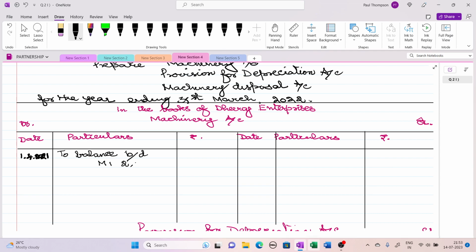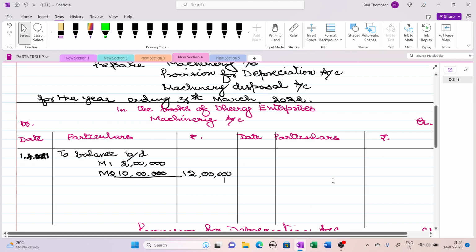One machine they are having for 2 lakh. So the total cost of the machinery available is 12 lakh, so the balance figure is 10 lakh. Let us take it as machinery 2, M2. So the total balance available as on 1/4/2021 was 12 lakh. Let us write it, then we will come back to this.